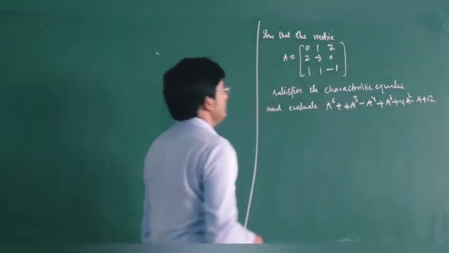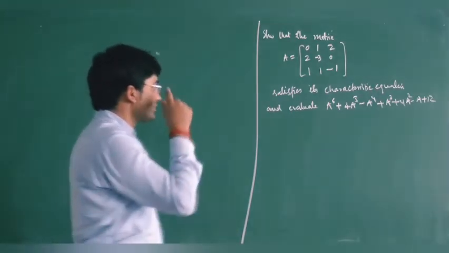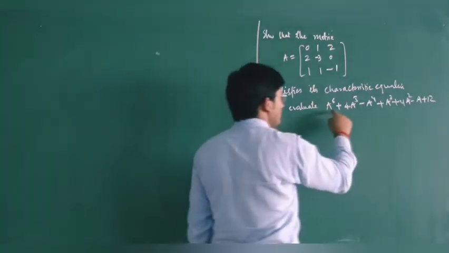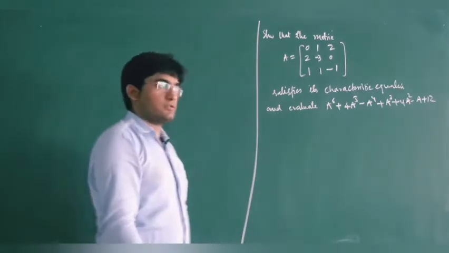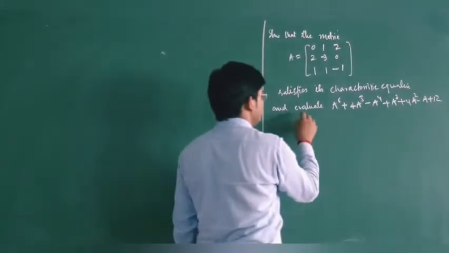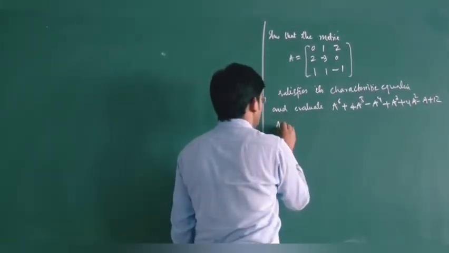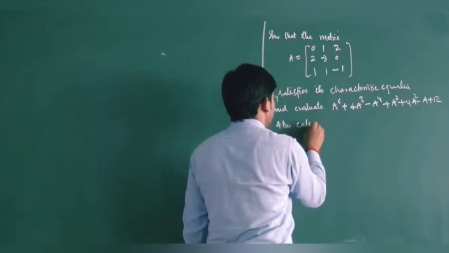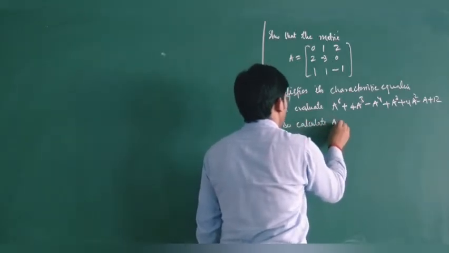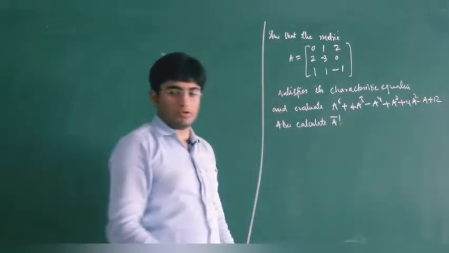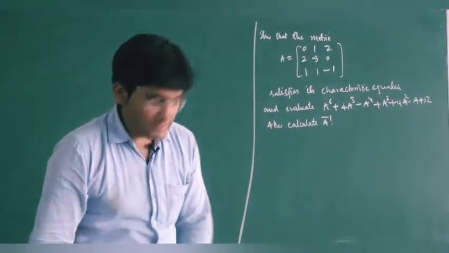So prove that this matrix satisfies its characteristic equation and evaluate the value of this matrix, and also calculate A inverse. So further we have to calculate the inverse of the matrix A.